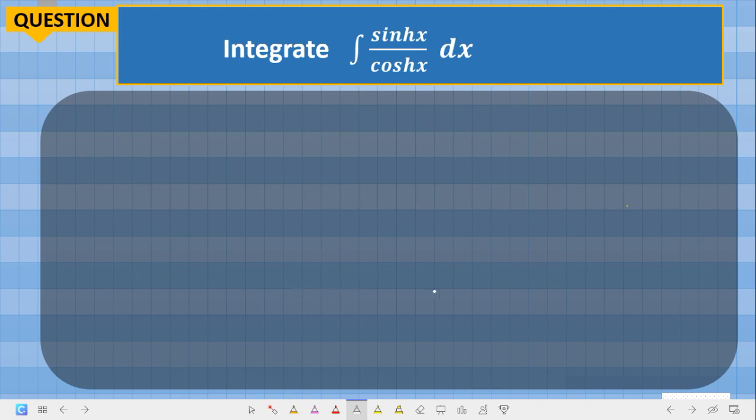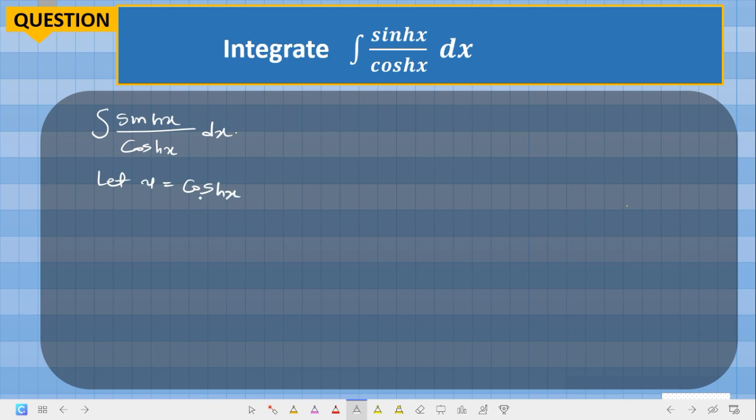The next question says integrate sin x all over cos x dx. Now how do you integrate this? You're going to integrate this by saying let u substitution be equal to cos x.